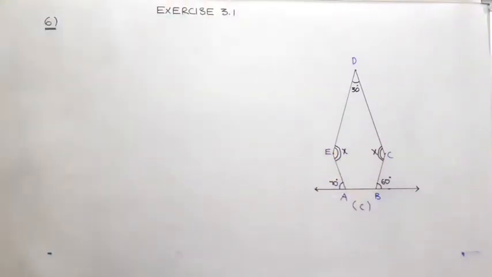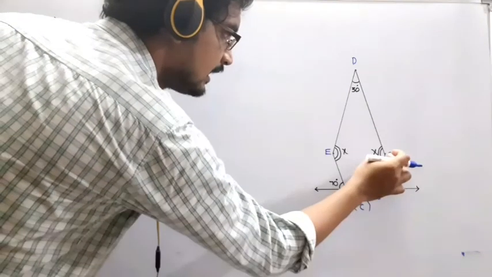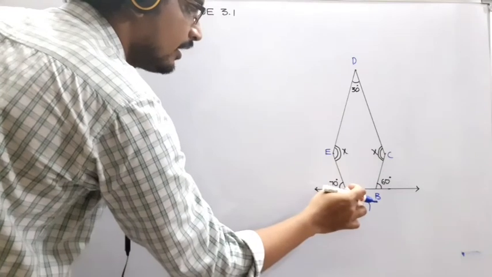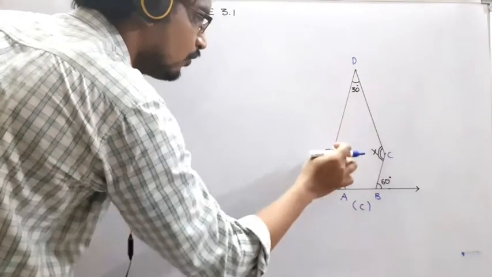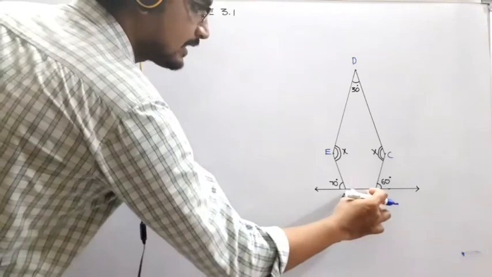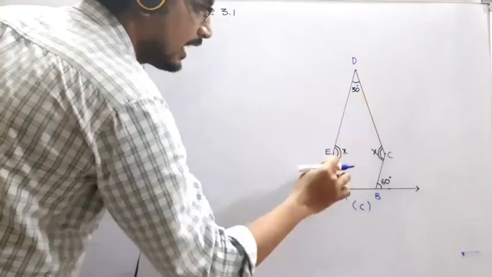So now count the sides: AB, BC, CD, DE, EA. So 1, 2, 3, 4, 5. So a five-sided figure we call a pentagon, isn't it? Look, AB one side, BC one side, CD, DE and EA.